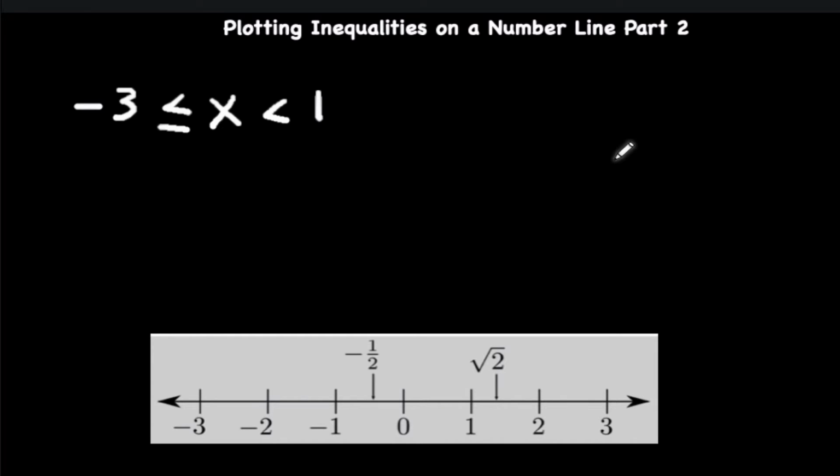This is where the word and comes into play. And comes from the combining of the two graphs. So this one inequality statement is going to be two graphs combined into one. This is how we would read this. Take a look at this variable x in the center here, and notice the opening on this inequality symbol is facing towards the x, that means we're going to read it as x is greater than or equal to -3.